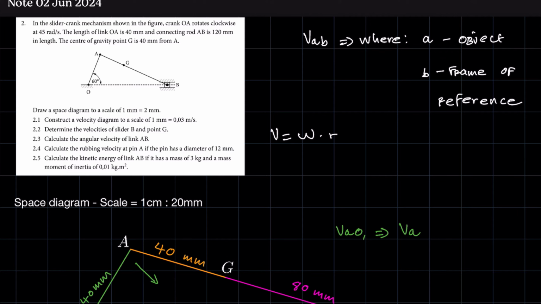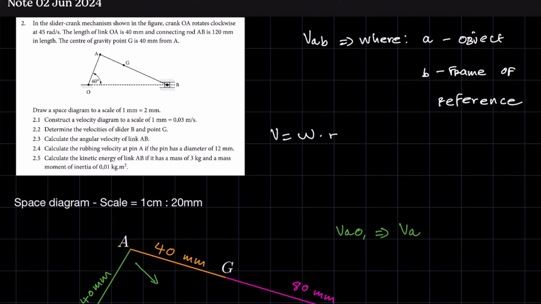So VA will be the angular velocity of OA times R. R, the radius of the link, is equal to the length of the link, so R here can be replaced with just OA, being the length of the link OA.